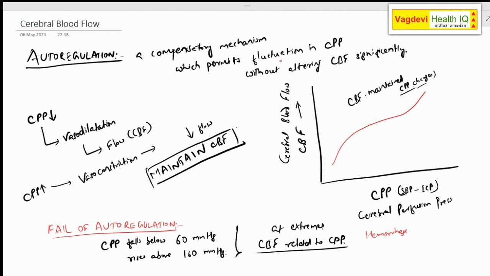So in that case, what is happening? As I told you, autoregulation can drop. It will not completely fail, but the mechanism will go down. So any low cerebral perfusion pressure will cause low cerebral blood flow, blood will not reach the place, so it can cause ischemia.